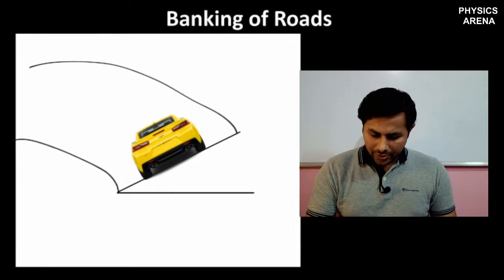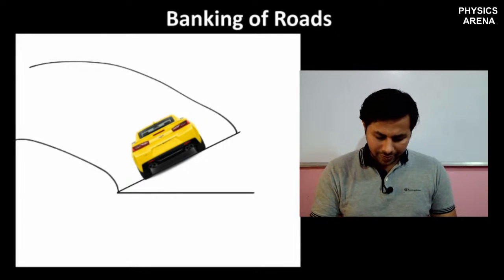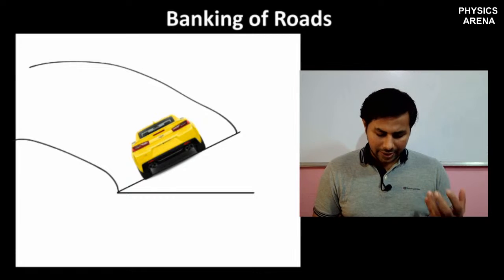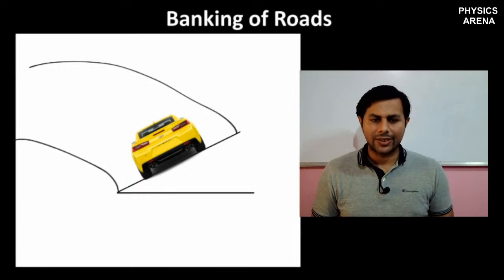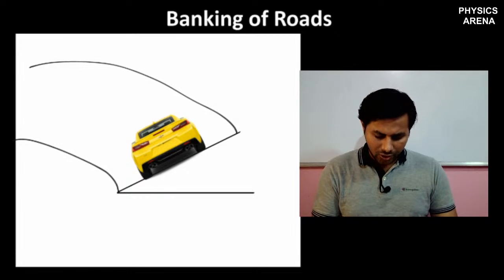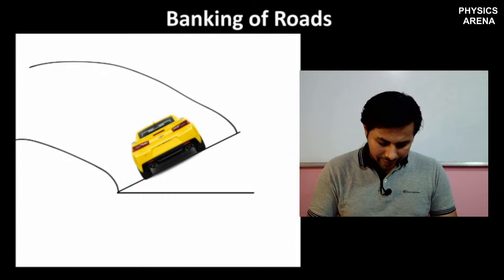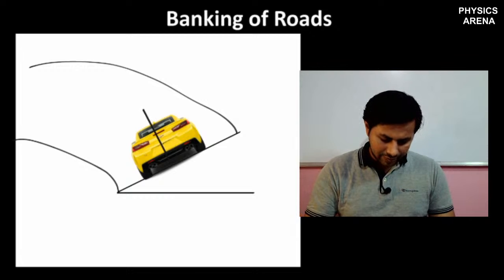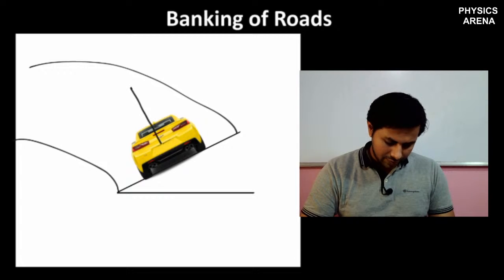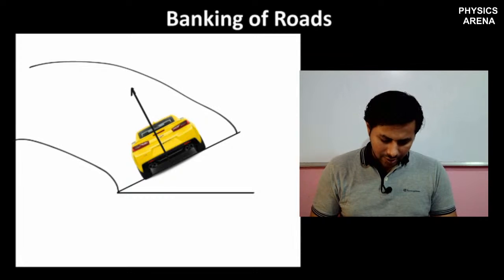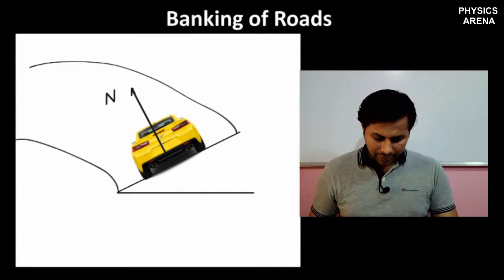So now let's draw all the forces acting on this car. What are all the forces acting on the car? One is normal reaction. We know it is directed like this. This is normal reaction.